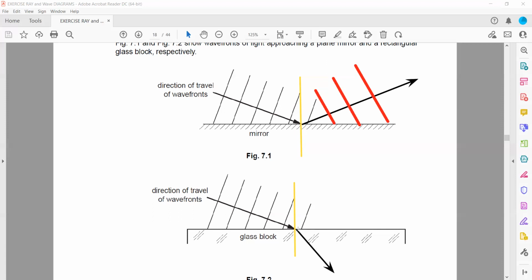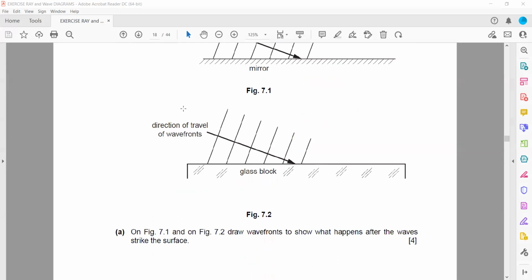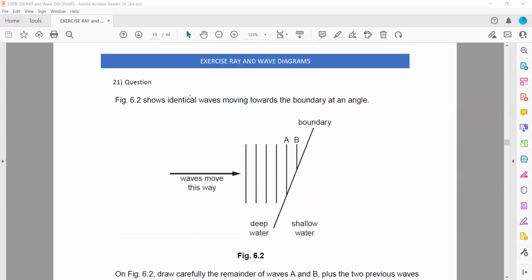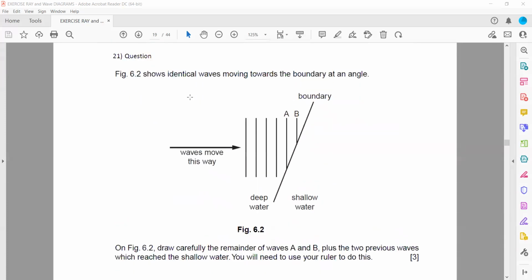The direction of the wave and the refracted wavefront should be perpendicular to each other, or 90 degrees to each other. So this is how we draw the refracted wavefront. Moving from air to glass, the speed of light decreases. Moving from glass to air, the speed of light increases.